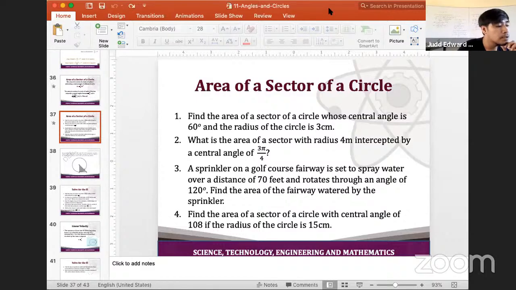Tama po ba? So we are given 60 degrees, di ba? So our formula is 1/2 theta r squared. So the theta should be in radians. So what is 60 degrees in radians? 60 degrees is pi over 3. So therefore, r is 3 centimeters. 3 squared is 9.